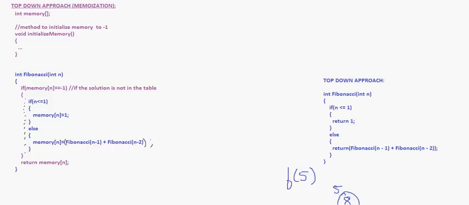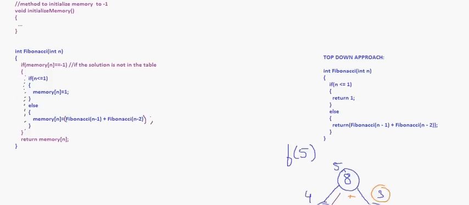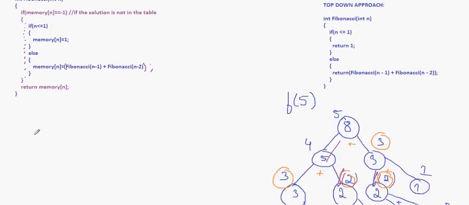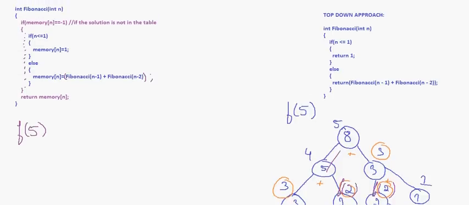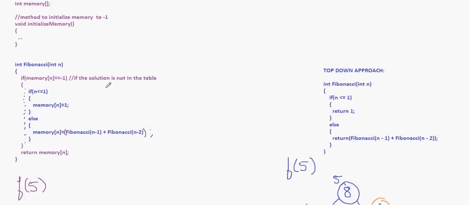So I'll take the same example, to calculate Fibonacci of 5 using memoization. So if I say this one, we have an array. So I'll draw the array here. The array will have 0, 1, 2 till 5.